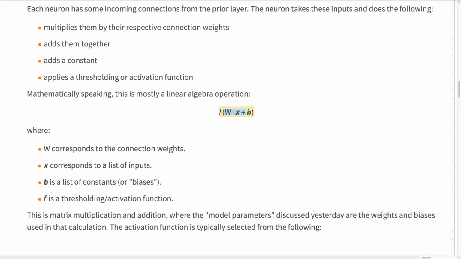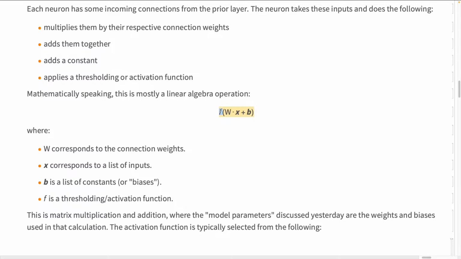And then once you do the linear algebra part, there's a nonlinear part here called a thresholding or activation function. And you need this for the network to exhibit non-trivial behavior. So this will take your inputs, and depending on which activation function you pick, it will reweight the outputs.